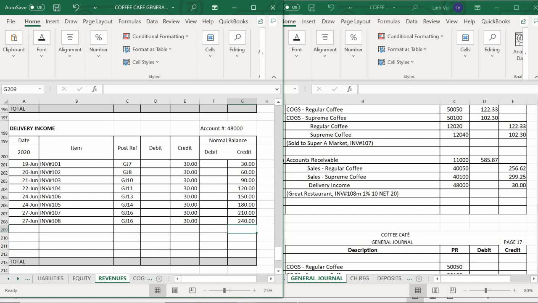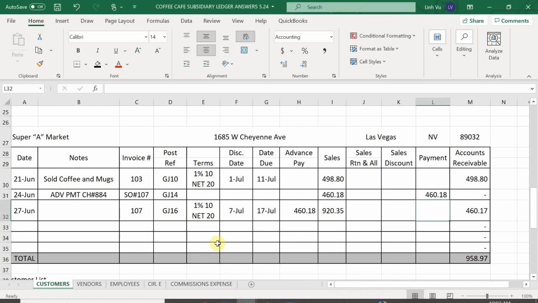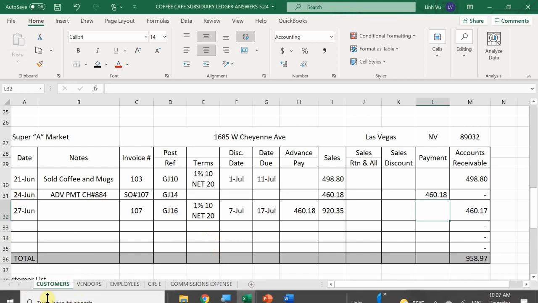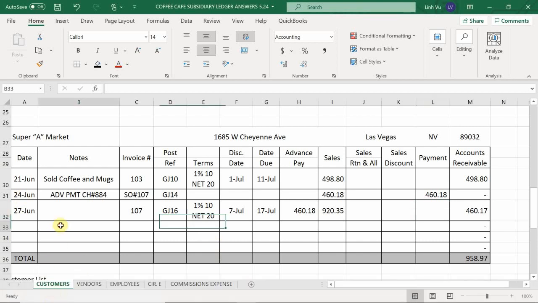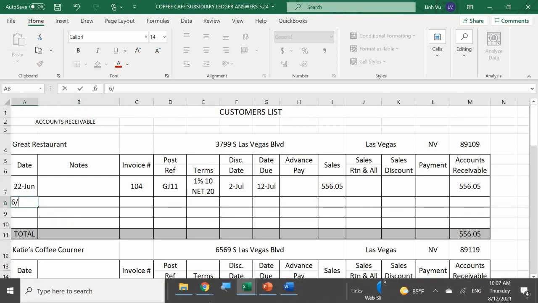So now that we've finished posting to the ledger, we need to go ahead and update the subledger. First things first, I'm going to go ahead and update my customer. So this is Great Restaurant. This is the 27th. You don't need to put any notes here, nothing happened to this invoice. Invoice number 108, General Journal 16.